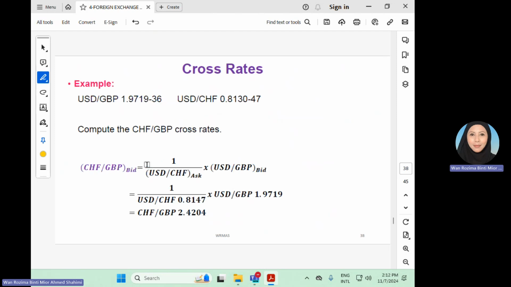Okay, now bid. First, Swiss franc, buy, right? Okay, I write on the board.